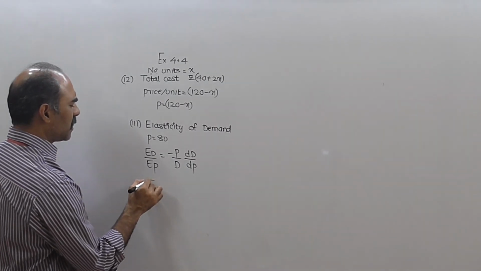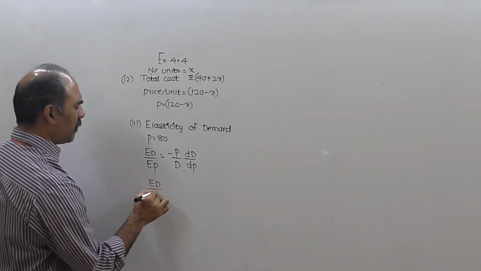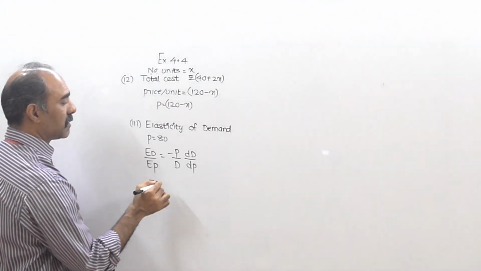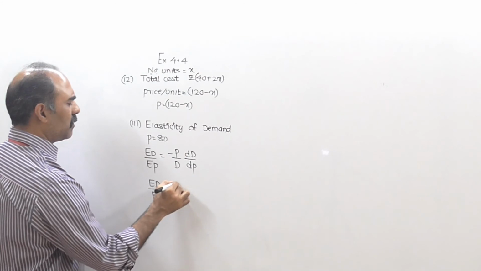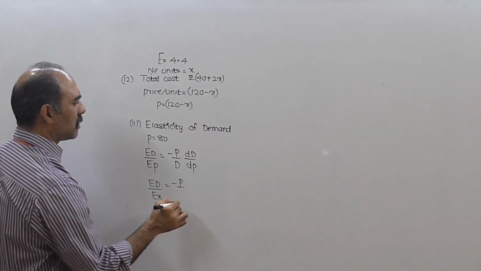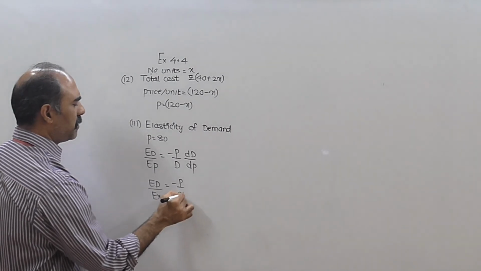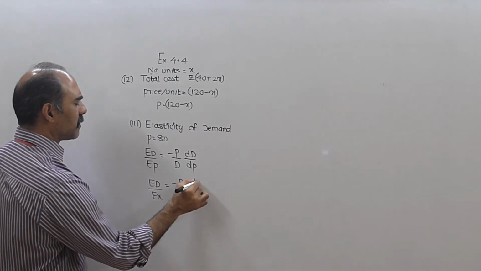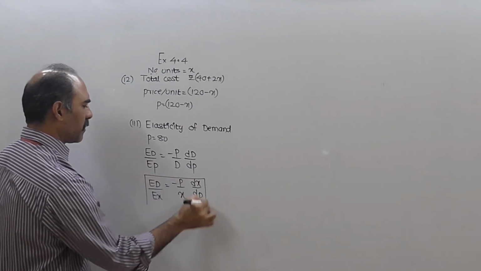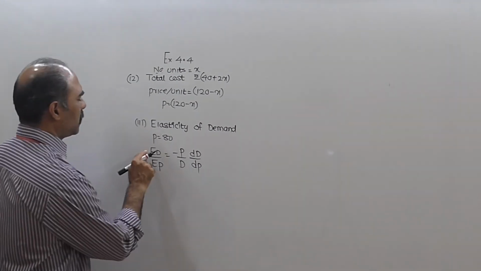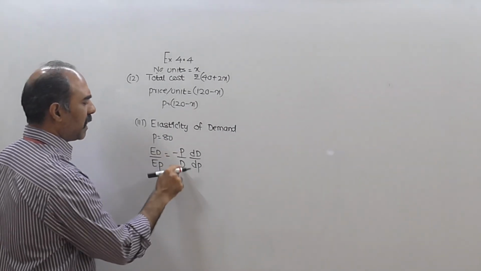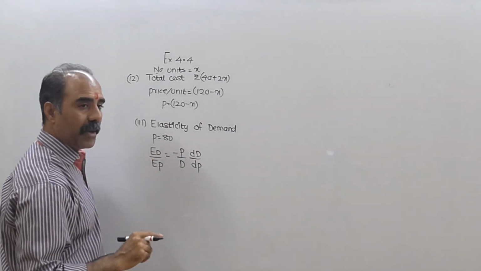In this case, it will be EX upon EP, which is equal to minus P upon X, dX upon dP. See, elasticity of demand with respect to price is minus P upon D, dD upon dP.